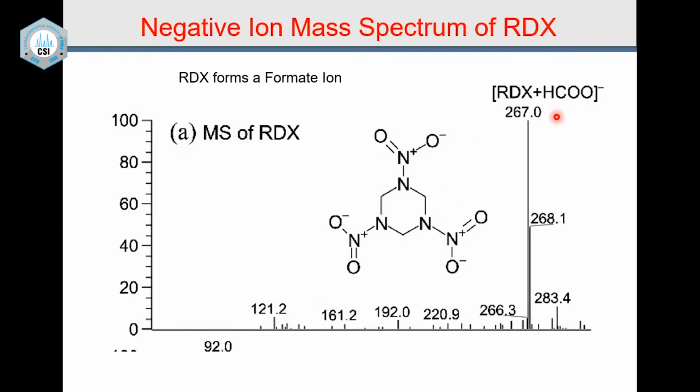The molecular weight is around 222, and the formate ion gets added to it, so you see 267 and no fragmentation. A beautiful way to do RDX. If you are in a forensic science laboratory and have to do RDX, then negative ion LCMS is the best applicable method.